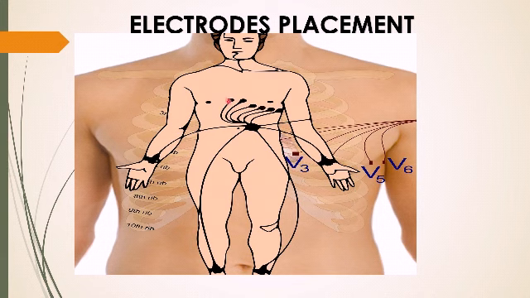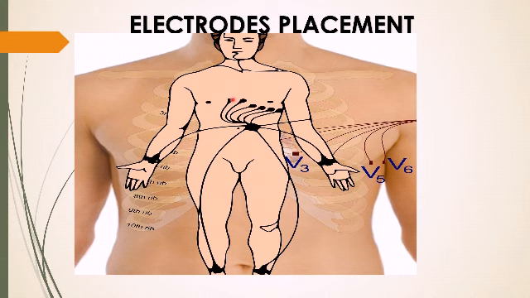Remember, the first electrode, C1, is placed at the 4th intercostal space, right edge of the sternum. The sternum passes at the midline, at the median line of the body. So here is the right edge of the sternum.